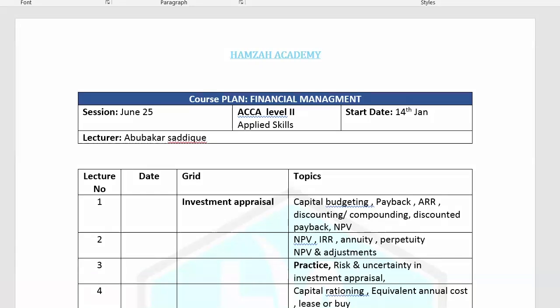Now, as I discussed earlier, when we say financial management, it is basically concerned with or deals with the financial matters of an organization.